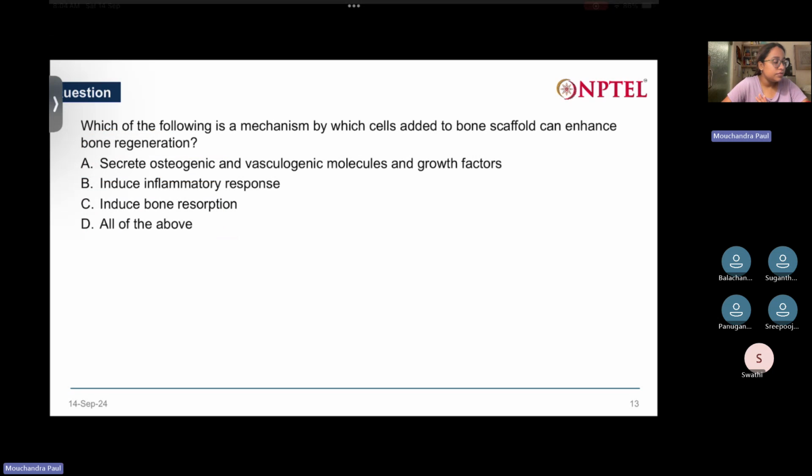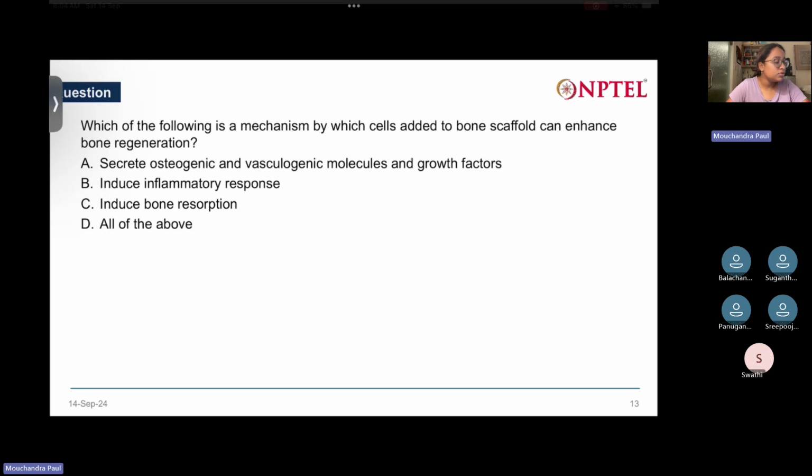This is the next question. Which of the following is a mechanism by which cells added to a bone scaffold can enhance bone regeneration? A. Secrete osteogenic and vasculogenic molecules and growth factors. B. Induce inflammatory response. C. Induce bone resorption. D. All of the above.